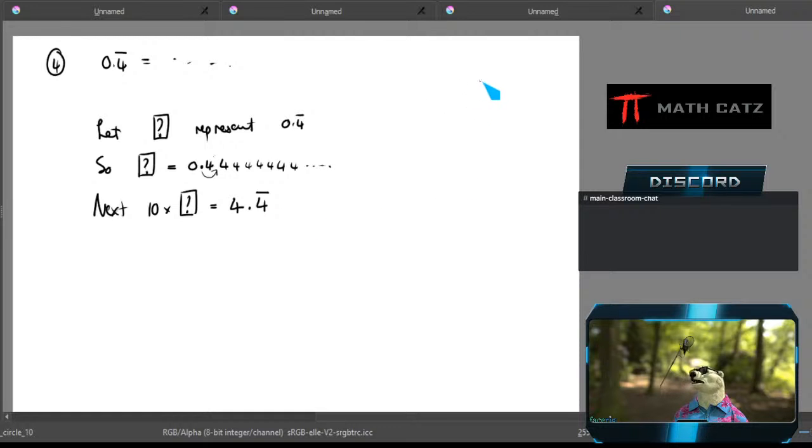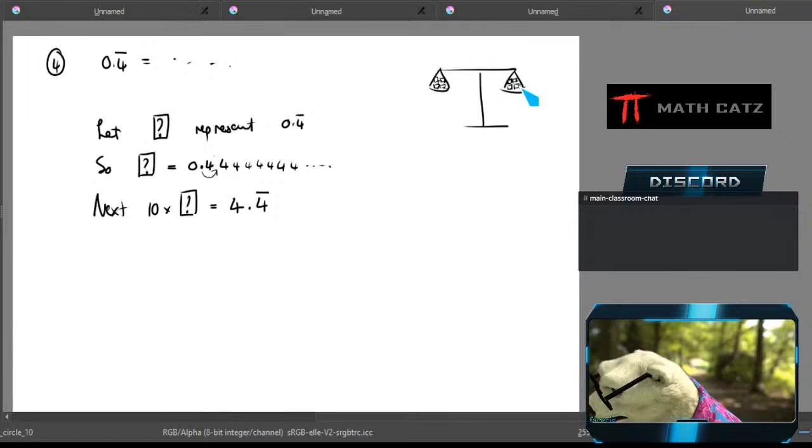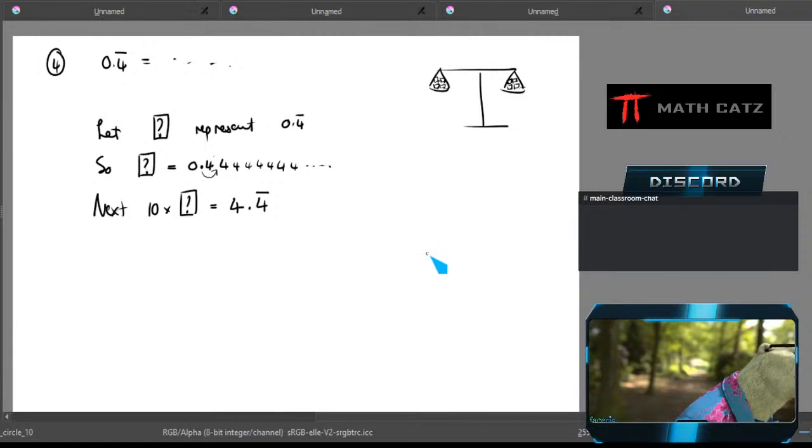So if I think about the balance scale again, I have some stuff over here. I have some blocks or whatever. I have some blocks over here. If this is in balance, and let's suppose all these blocks are identical, I take one of these blocks away, and I take one of these blocks away.